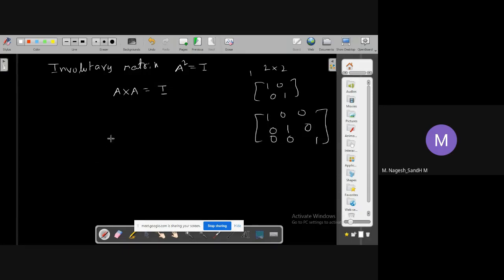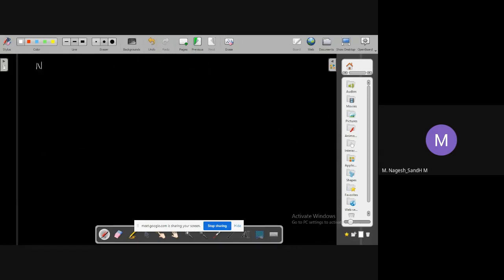Next, nilpotent matrix. We'll do it on a fresh page. So what is a nilpotent matrix? For example, A is a matrix.